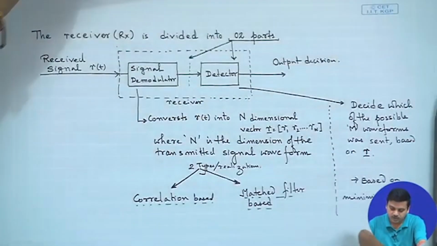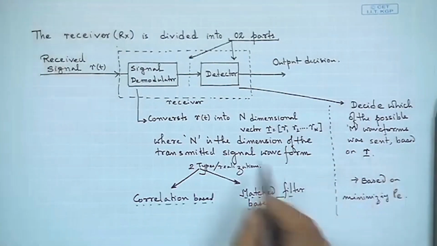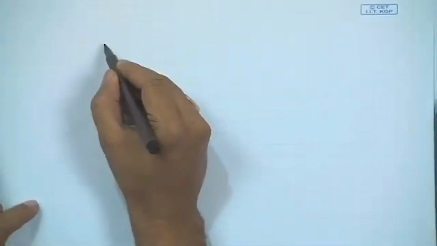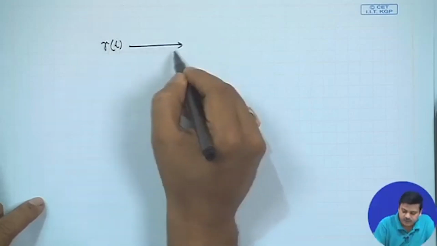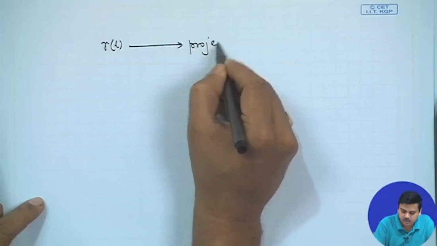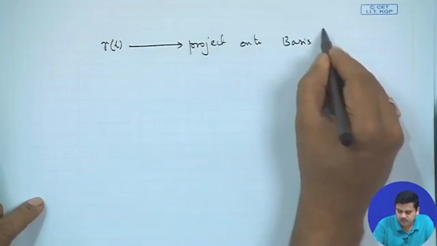So, when we talk about decomposing the signal into its basis components, what we mean is that we would take R of t and project it onto the basis functions.